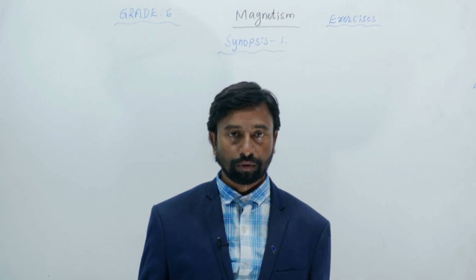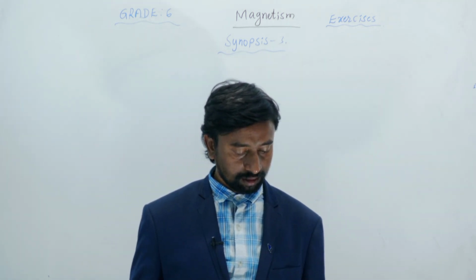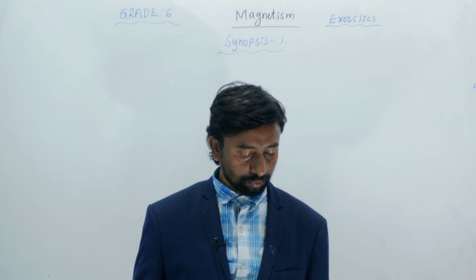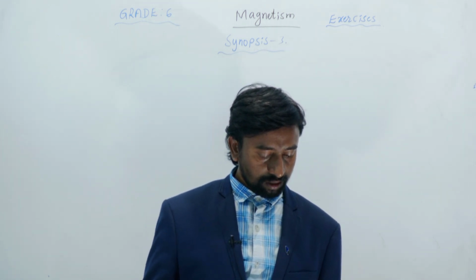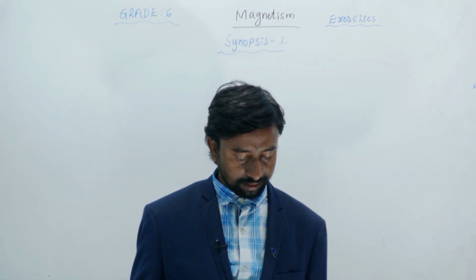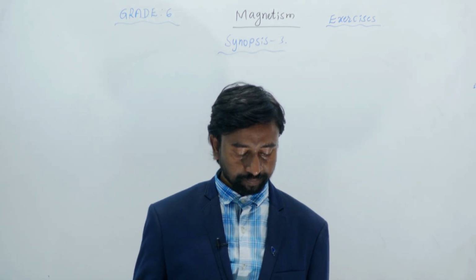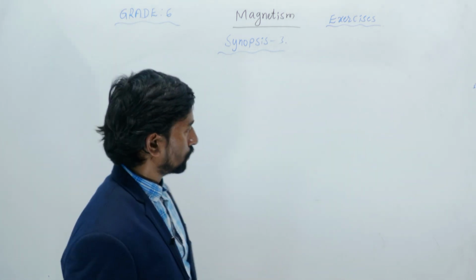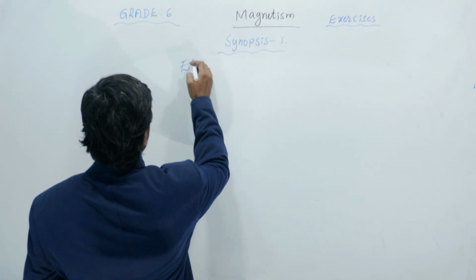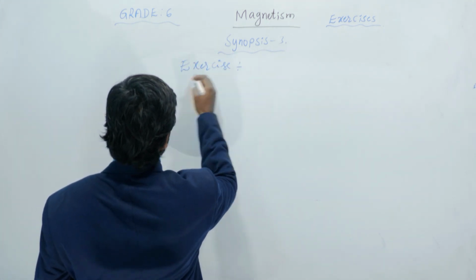So now we'll see the concept based questions, and here you see the exercise problem. The polarity induced at the end of D of a soft wire. A bar magnet is kept there at the end of D. Two bar magnets are given in the exercise, first question you see.